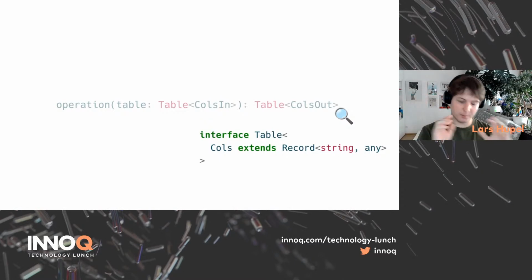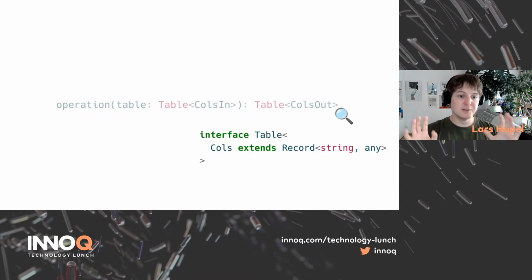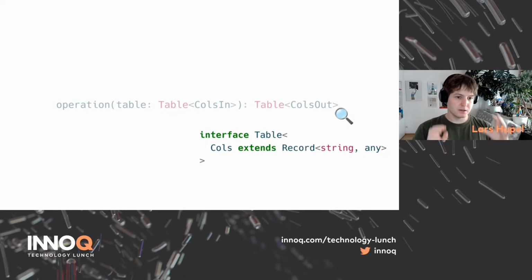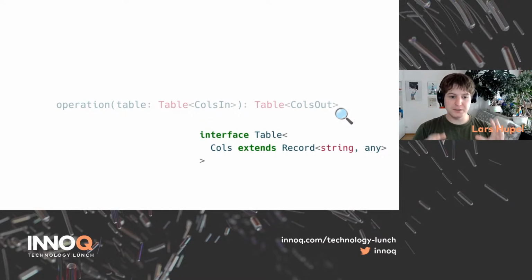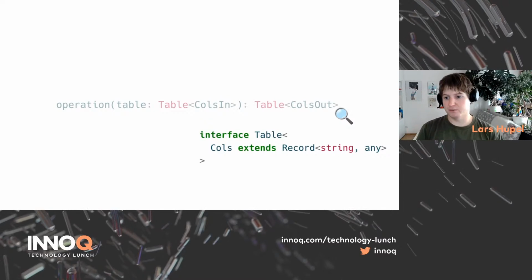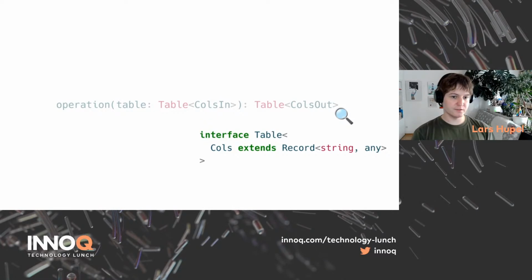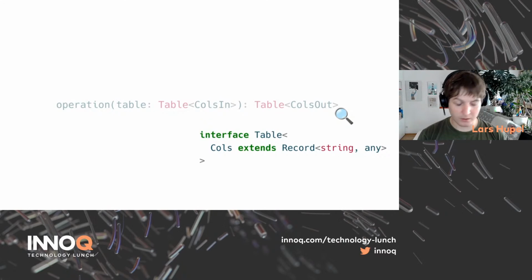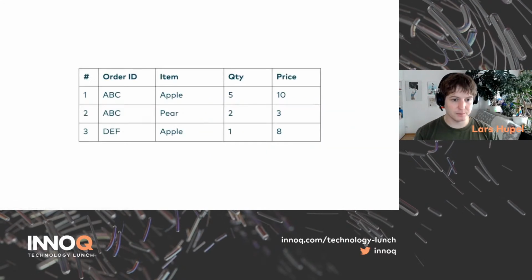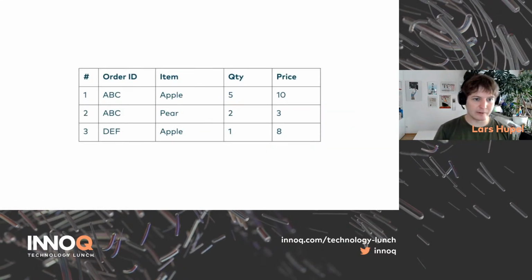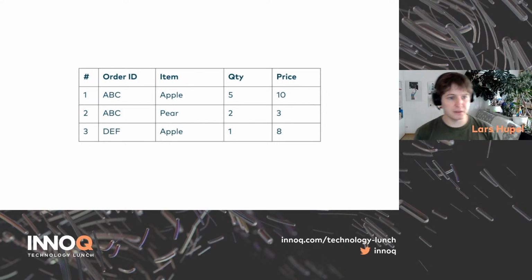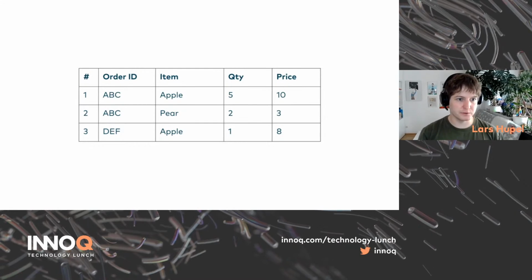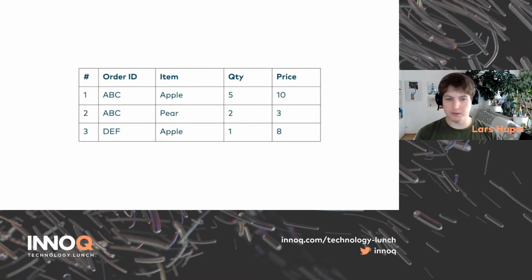Well, footnote, objects could also contain symbols and stuff, but let's not get ahead of ourselves here. Basically, what I'm saying here, the column's type parameter must be the type of a particular object. And in that particular object, I can say I have these 5 properties, and they have these 5 corresponding types. And don't worry, I'm going to show an example now. If we have a table here for orders, then we might have a column with the index. We might have a column with the string order ID, could be UUID or something like that.